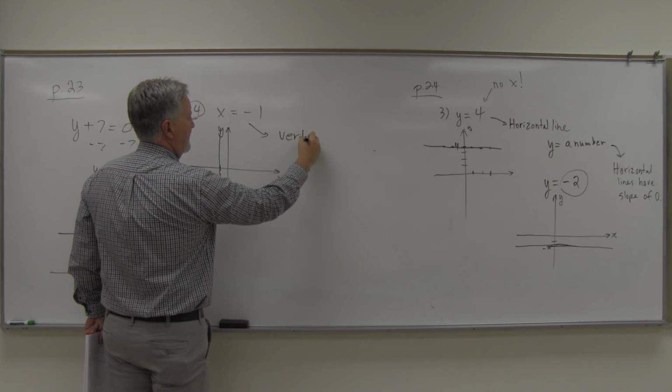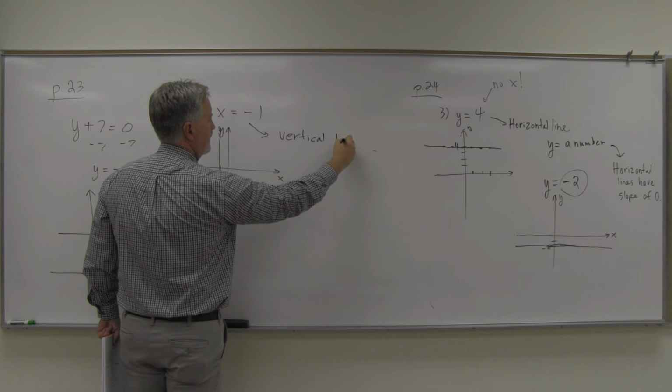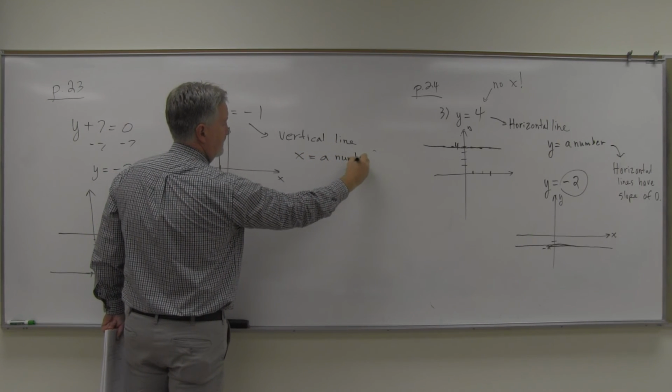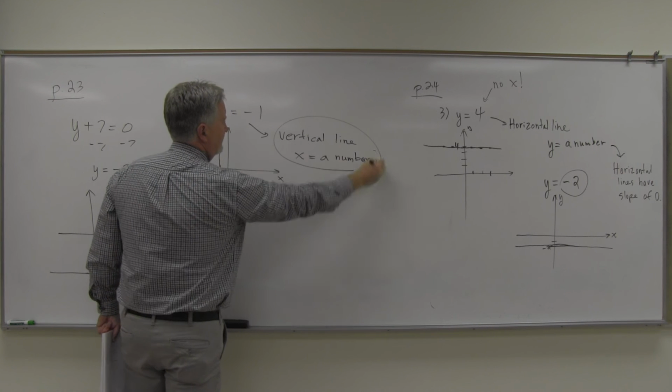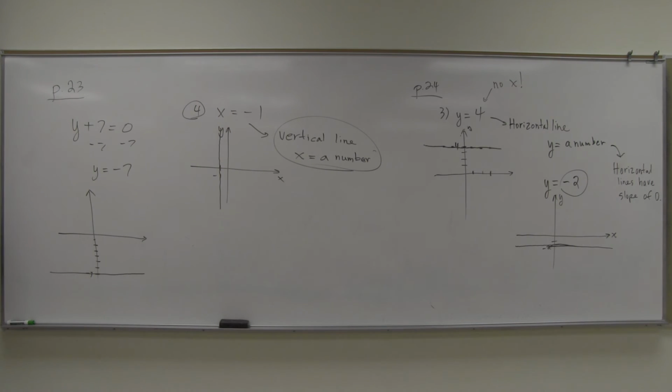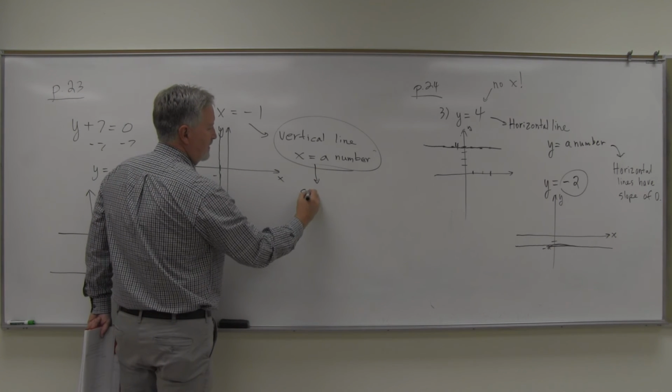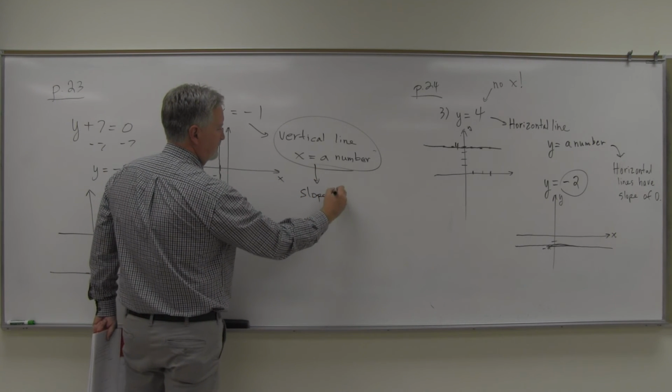So yeah, that turns not into a horizontal line, but it's a straight up and down vertical line. So if you've got x equals a number, you got yourself a vertical line instead of a horizontal line. If I had more time, I'd show you, but just FYI, the slope of that is undefined.